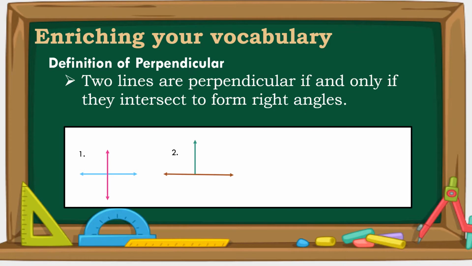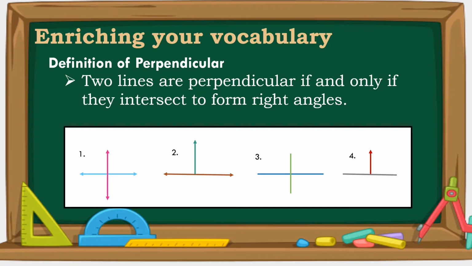Second figure, a line perpendicular to a ray, and it forms two right angles. The third figure, a line segment perpendicular to another line segment, and it forms four right angles.